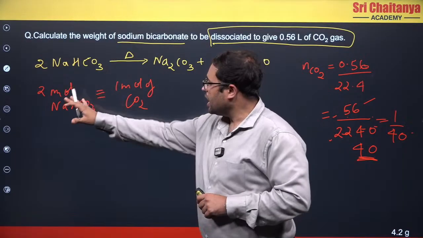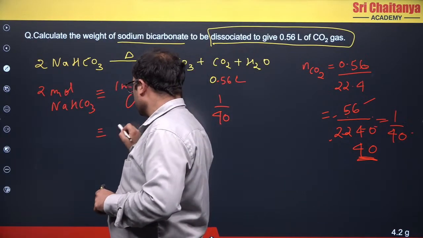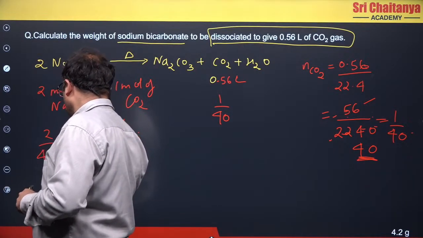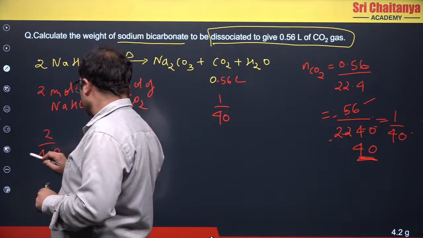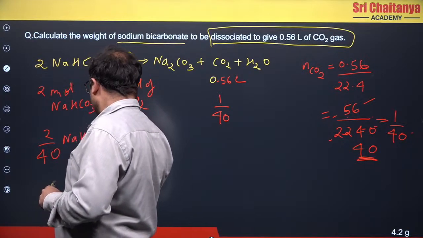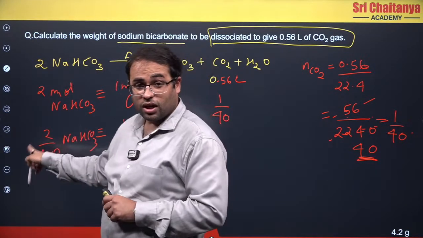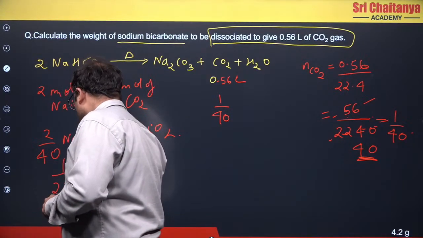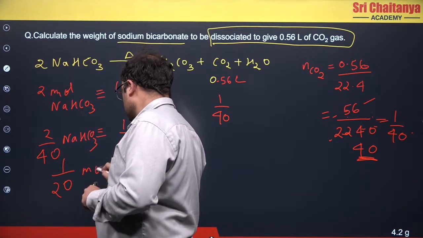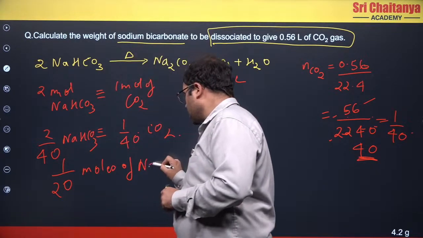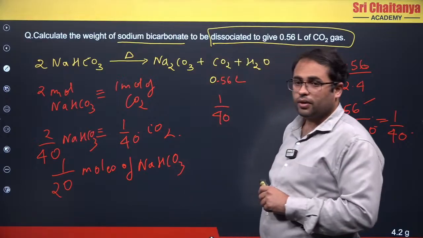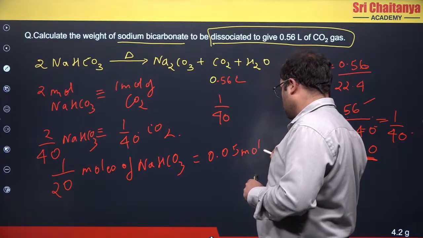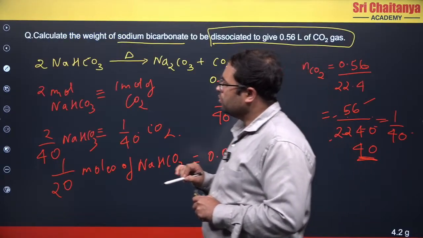You multiply both sides by 1 by 40, right? So this is 2 by 40 NaHCO3, this is carbon dioxide. So from here you can get the answer as 1 by 20 moles of NaHCO3, right? Which is nothing but 0.05 moles, right?